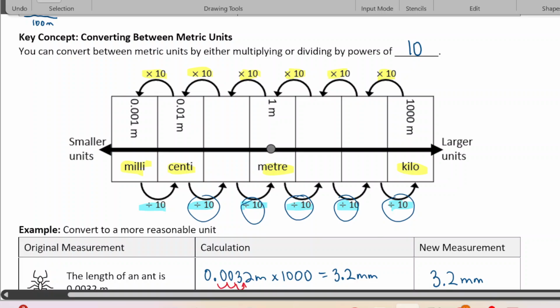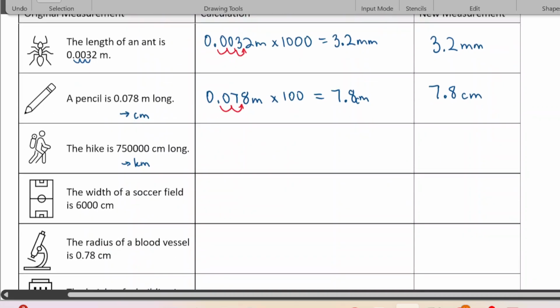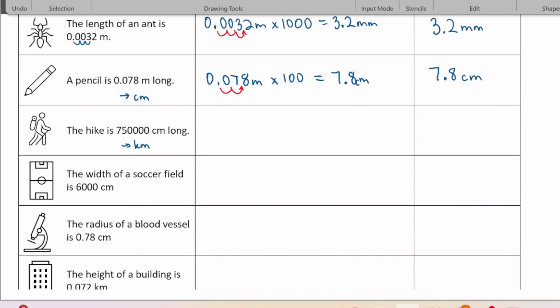That means I'm going to divide by a 1 with 5 zeros. So 100,000. So 1, 2, 3, 4, 5. And I get 7.5 kilometers. That makes a lot more sense in our brains. The hike is 7.5 kilometers long.